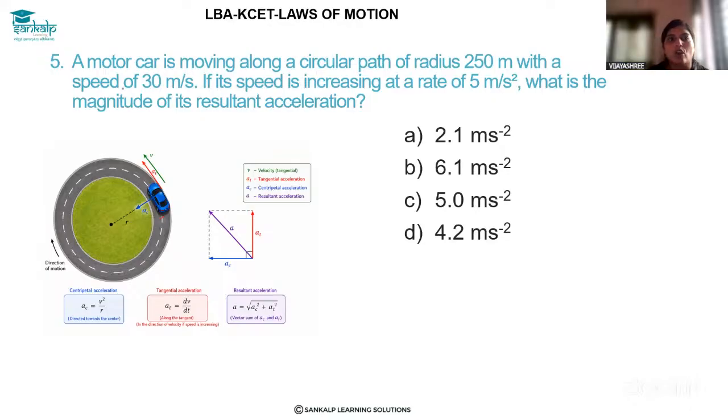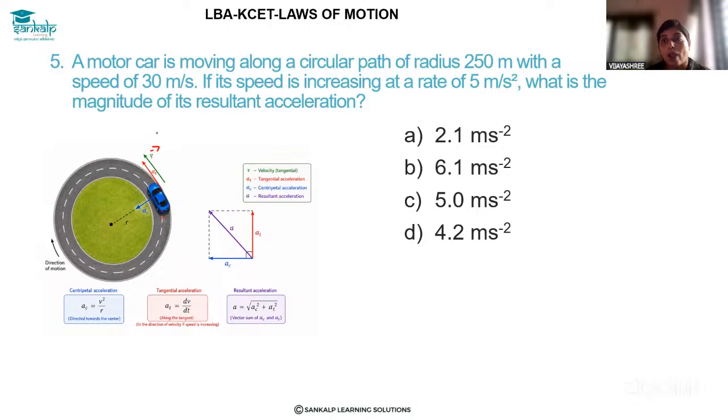Two kinds of acceleration act on the car. The velocity direction is always along the tangential direction. At this particular point, what is the direction of velocity of the car? It is along the tangential direction.